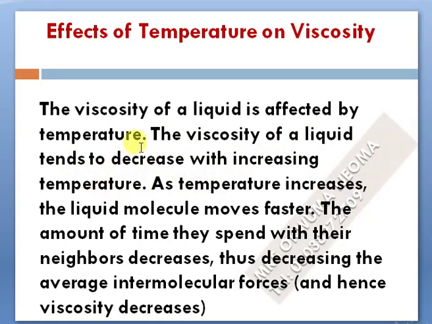Let's take it again. The viscosity of a liquid tends to do what? Decrease with increasing what? Temperature. As temperature increases, the liquid molecules move what? Faster. The amount of time they spend with their neighbors decreases, thus decreasing the average intermolecular forces, and hence what? Viscosity does what? Decreases.